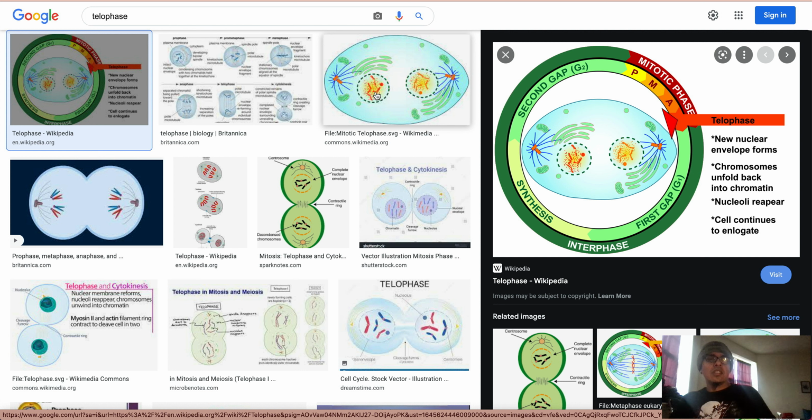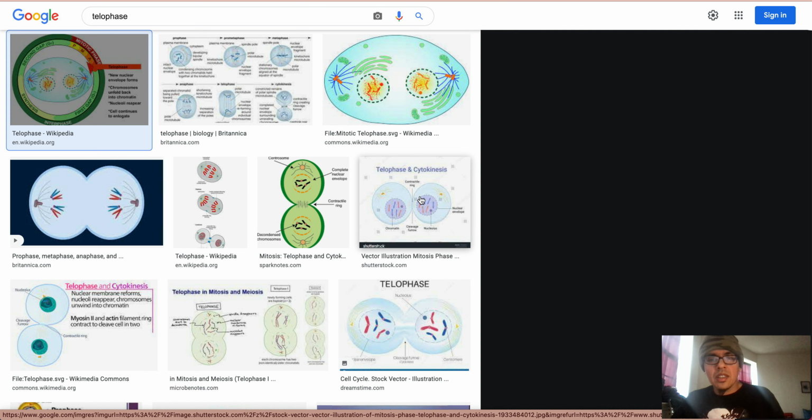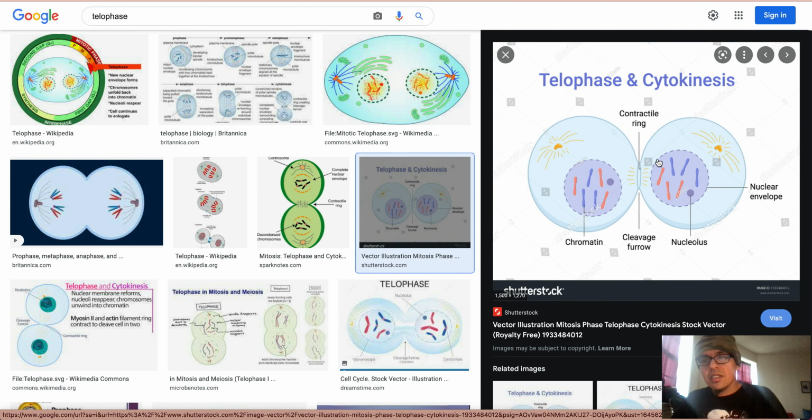The individual cells. So you start to see two nuclei, right? You have all the duplicate endoplasmic reticulum, duplicate ribosomes, duplicate mitochondria, and the cell looks like it's starting to become two cells, right?